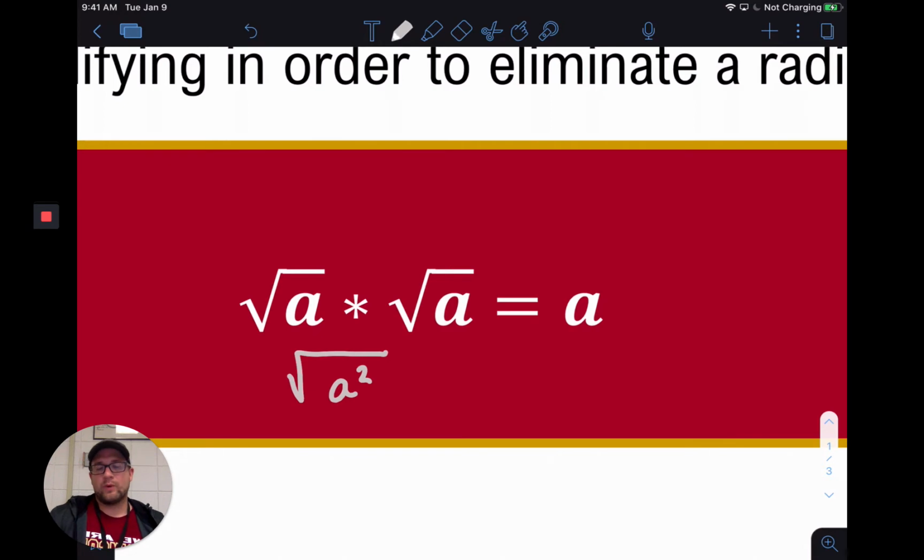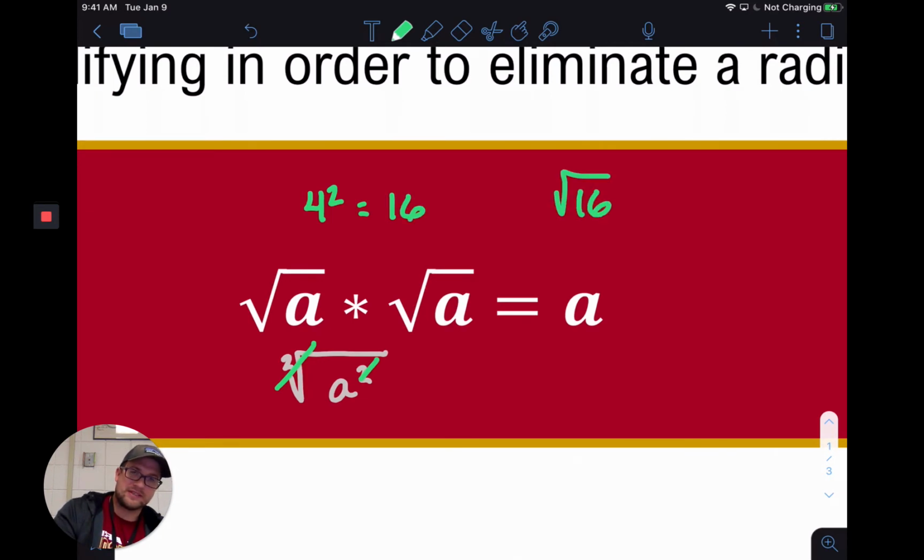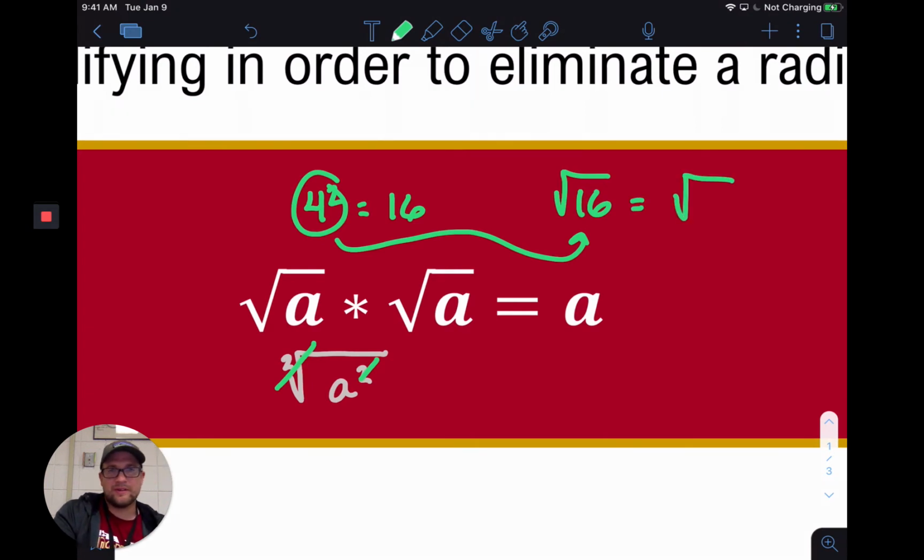Now, the thing about square roots, this is a square root here. Whenever you take the square root of a number that is squared, they cancel each other out. A simple example of this: 4 squared is really equal to 16, right? So if I was looking at the square root of 16, we know that since 4 squared is equal to 16, we can simply replace 16 with 4 squared. So this is really equivalent to the square root of 4 squared.